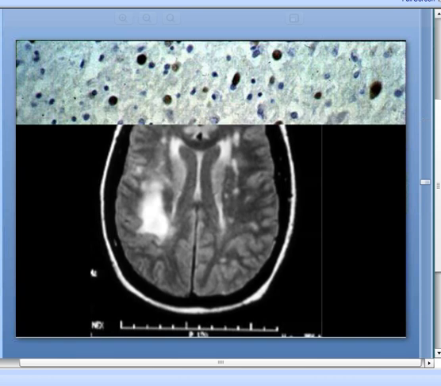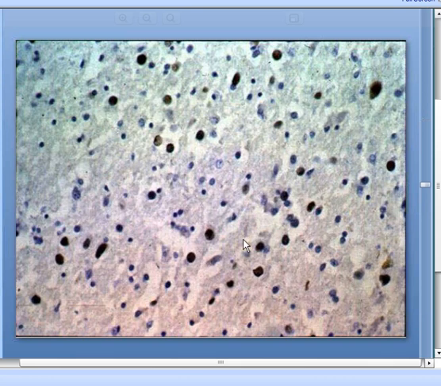I want to show you another little thing that we do. If I was to show you a picture like this and told you that this was part of the brain, I think you should probably get the feeling that there are more glial cells here than you normally see in most of the white matter of the brain.